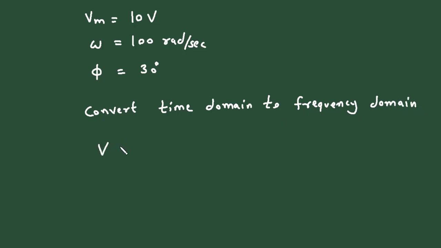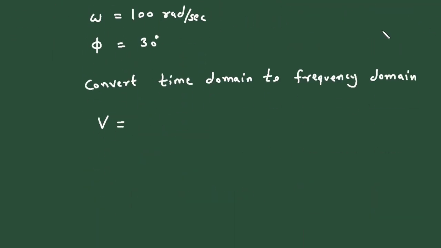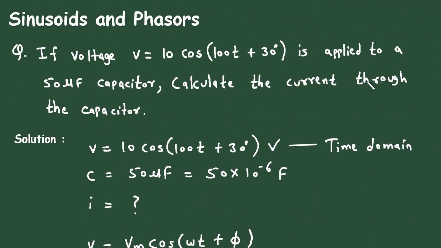Therefore capital V is equal to 10 at an angle 30 degree, and since it is a voltage, its unit will be volts.